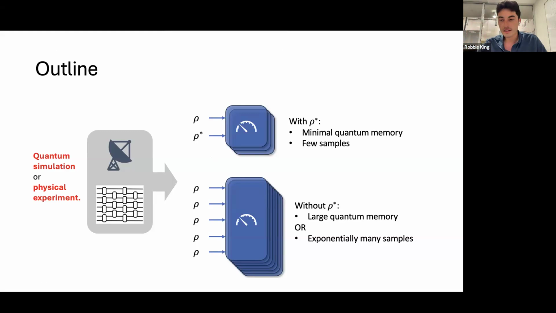So I like to say this is a reason why performing simulations of physics on a quantum computer could be advantageous compared to, say, running an experiment on the actual substrate, because when you have your simulation in your quantum computer, you have the ability to prepare the complex conjugate. And here we show that this gives you some power in a concrete task.